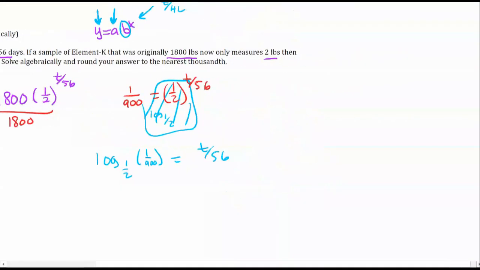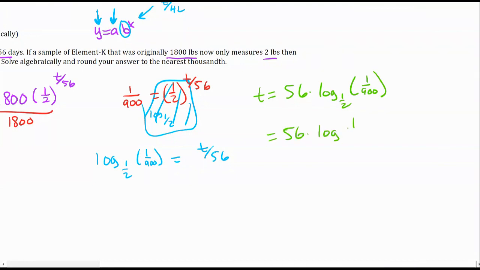So if I was writing this out as just the equation of what my answer is, it's 56 times log base 1/2 of 1/900. When I plug this into a calculator, I'll use change of base formula so that I can easily use log base 10 as the button.